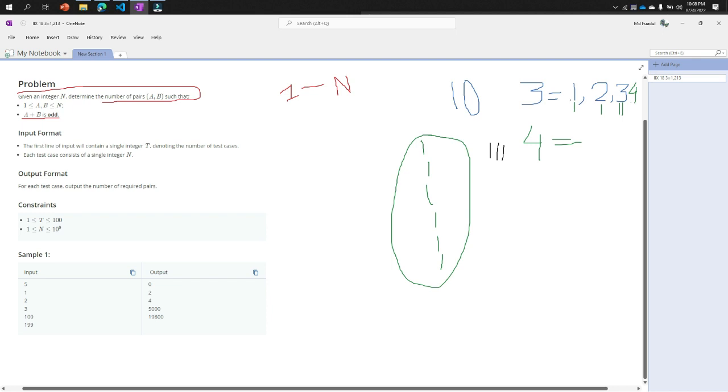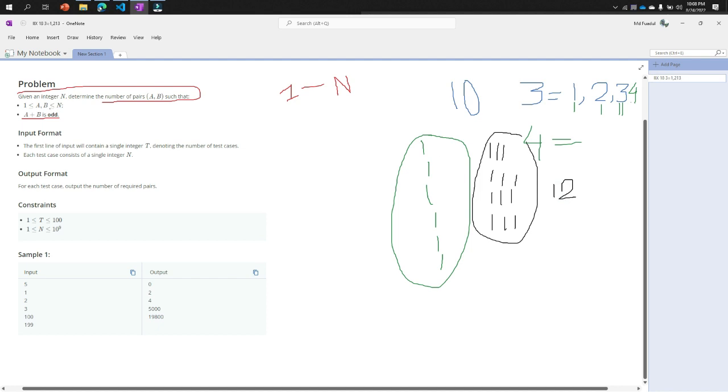With 2: 2 and 1, 2 and 3, 2 and 4, 3 pairs. This process continues up to 3 and 4. By each of the four numbers we can build 3 pairs, so 4 into 3, 12 pairs.